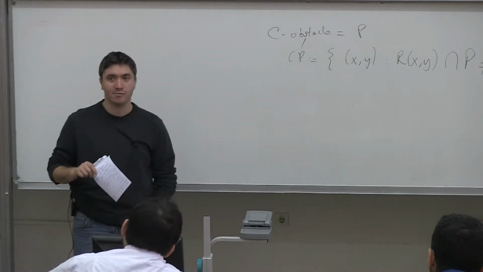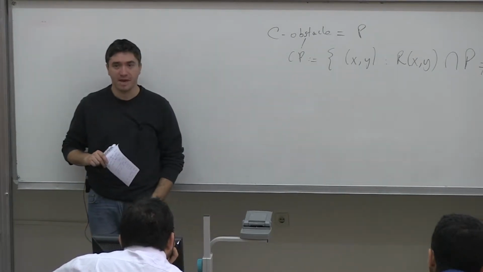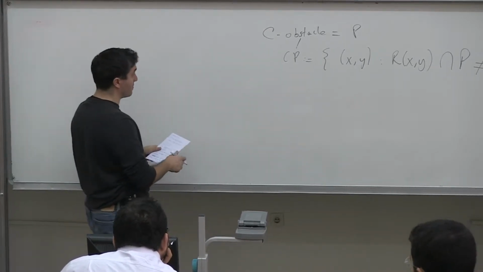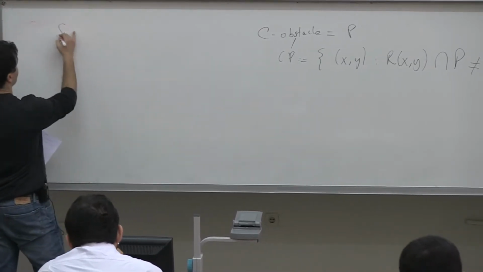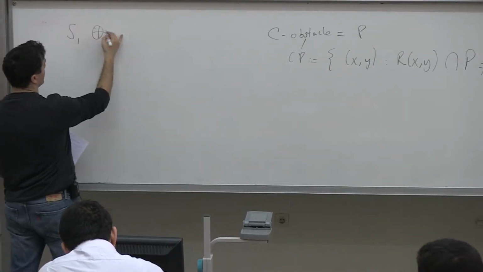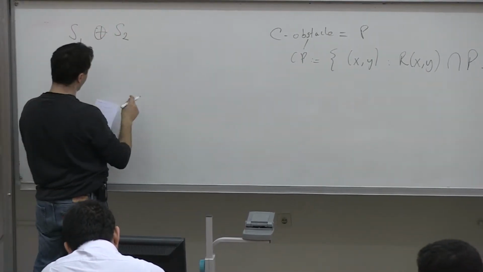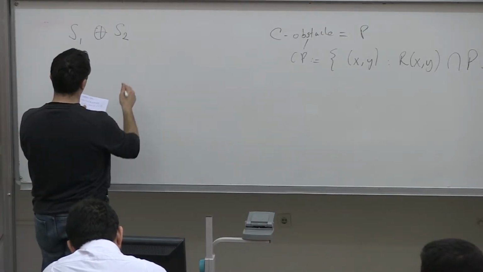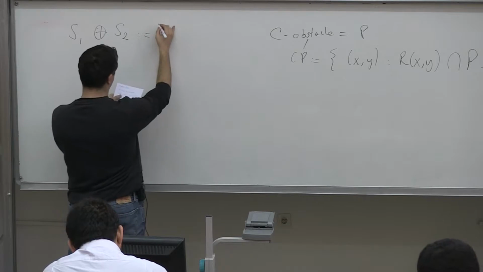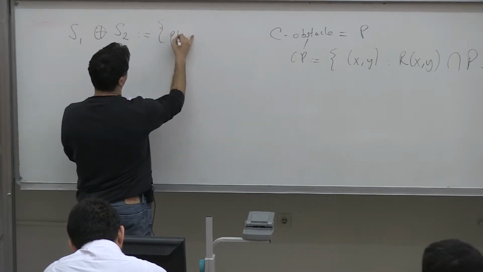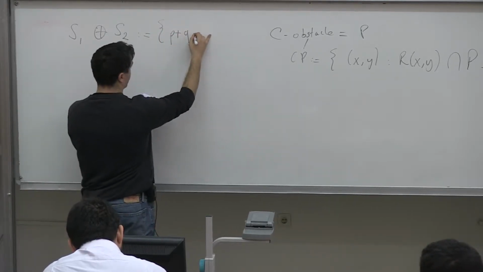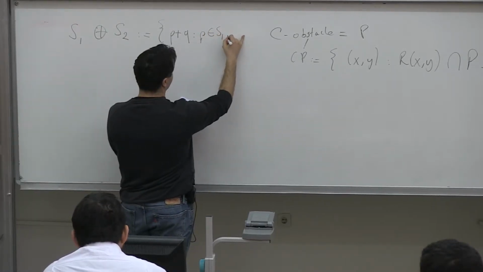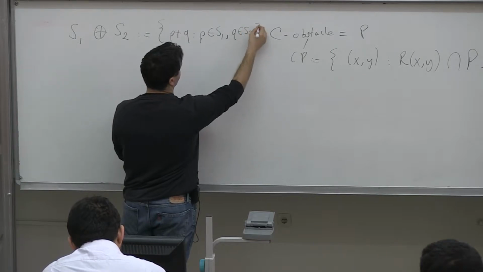The solution I'm going to describe is based on Minkowski sums. First let me define what a Minkowski sum is. A Minkowski sum of two polygons, not necessarily convex, is given by P plus Q, in which P is an element of the first polygon and Q is an element of the second polygon.